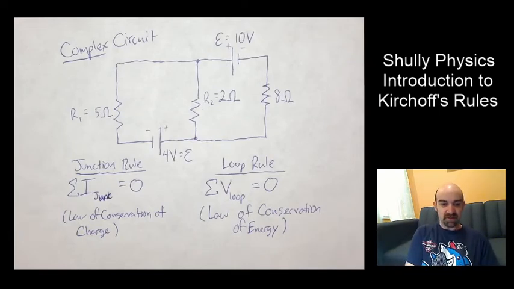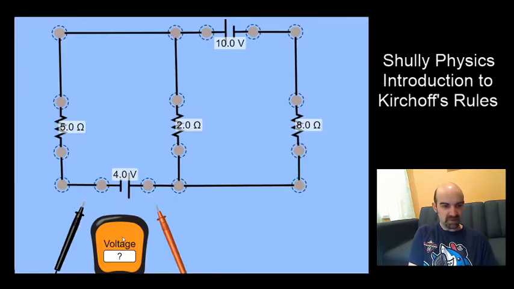So here's the circuit laid out. We have 4 volts down here, 5 ohms, and so on. We've got the 10 volts, 2 ohms, and 8 ohms. I'm going to come back to this so we can see a little bit more dynamic result. And thank you to phet.colorado.edu for supplying these wonderful simulations for teachers all around the world.